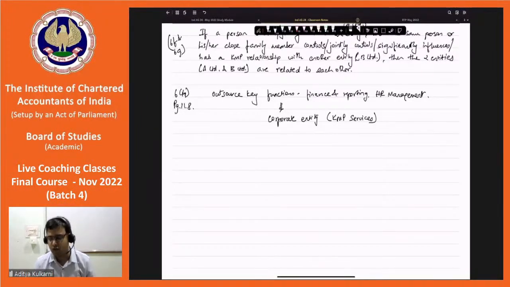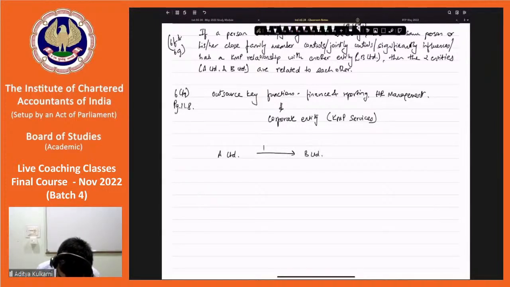Now when I talk of KMP services, look at what the clause has to say. Now please pay attention. Suppose A Limited provides KMP services to B Limited.